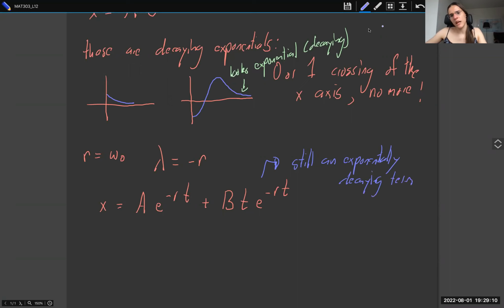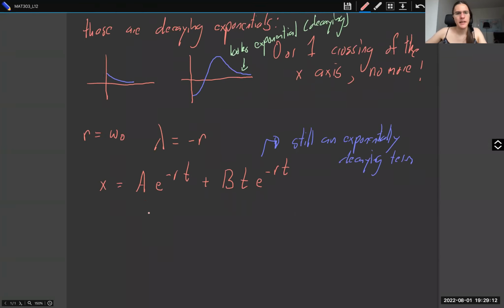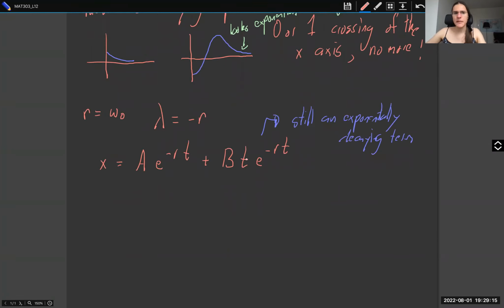Now, the fact that there's a t there means that it's actually possible for the graph to cross the x-axis twice. So I think the highest number of x-axis crossings possible is 2.